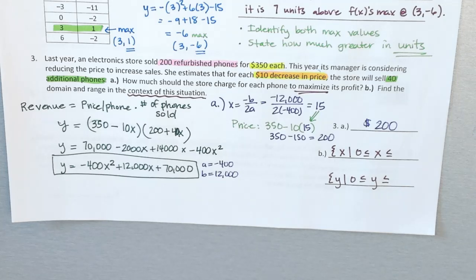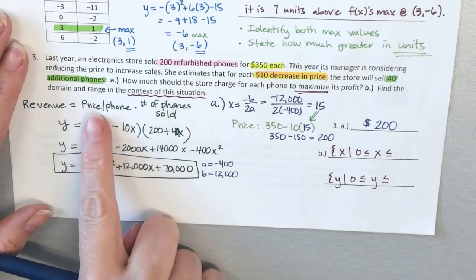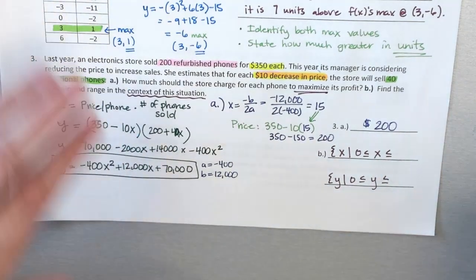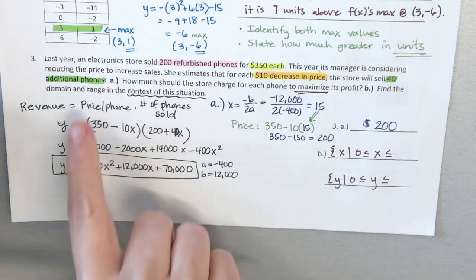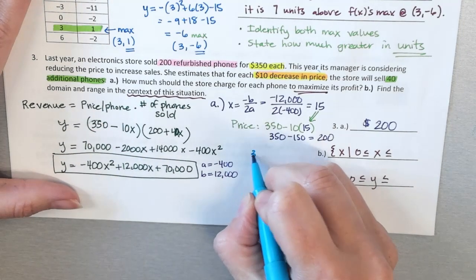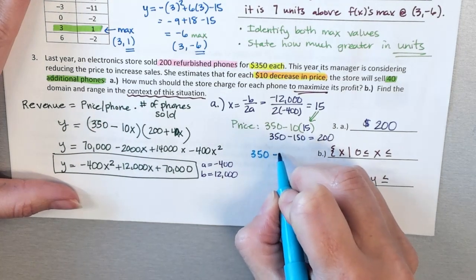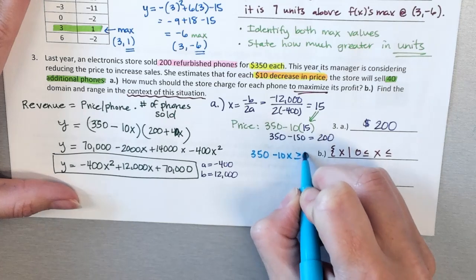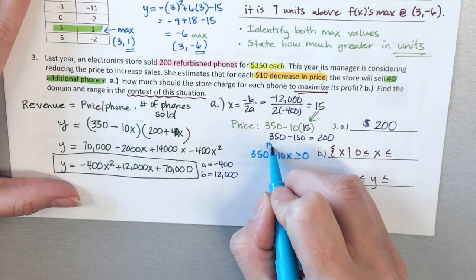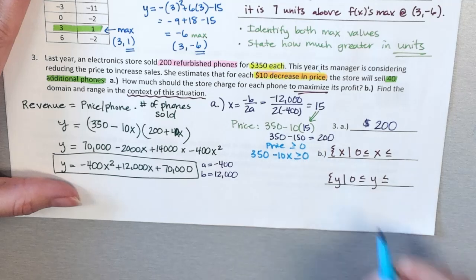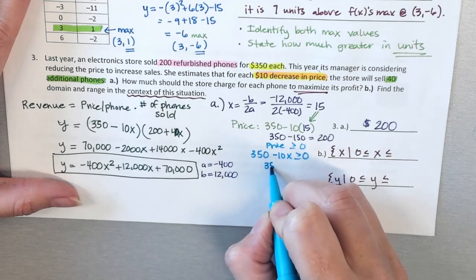So for the x, we're going to take our two expressions because we're doing this in context. We know that the price has to be greater than or equal to 0. Okay, so we know that whatever the price is, it has to be positive. So we can solve that for x.